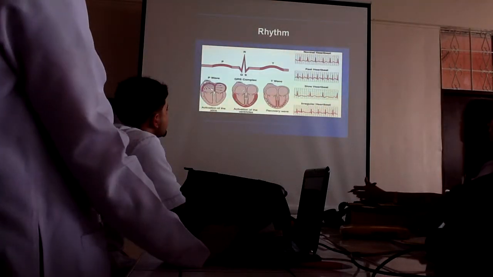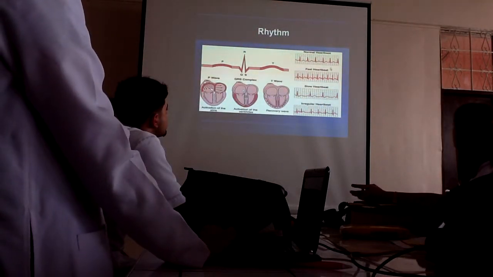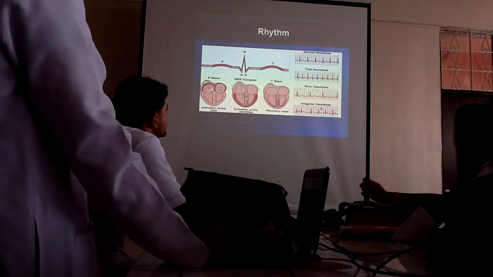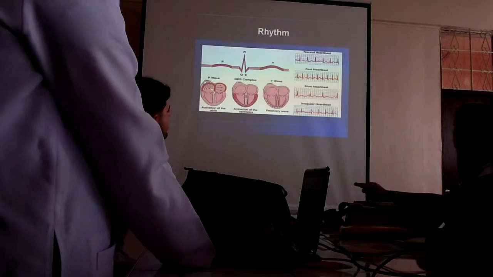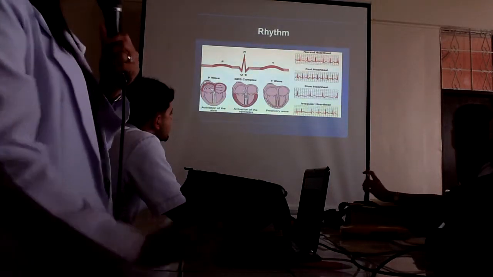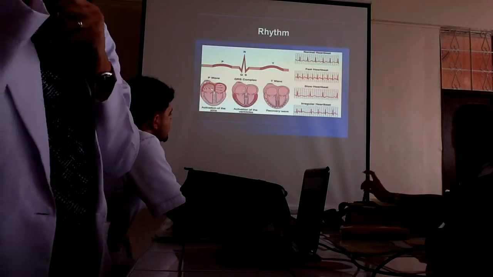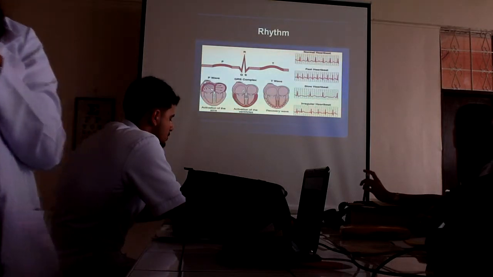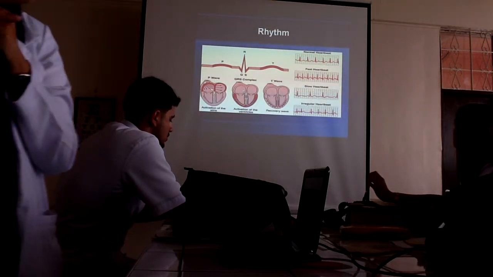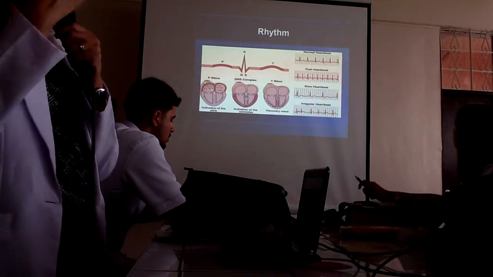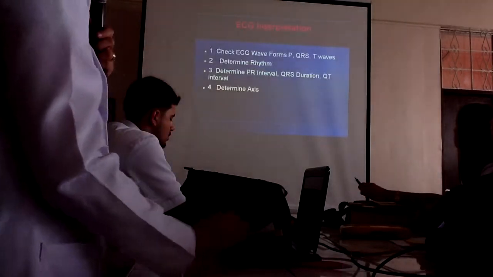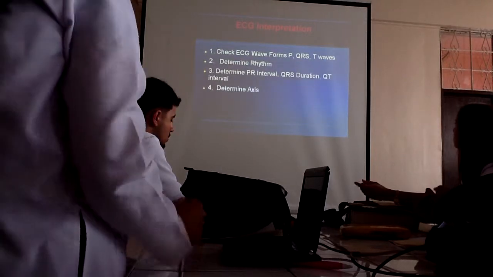Then you have your slow heartbeat, which is what? Bradycardia. Then you have your irregular heartbeat, which is what? Your arrhythmia. So you can also have a fast heartbeat that is irregular, so that is what you call a tachyarrhythmia. You also have a slow heartbeat, which is irregular, so you call that a bradyarrhythmia.